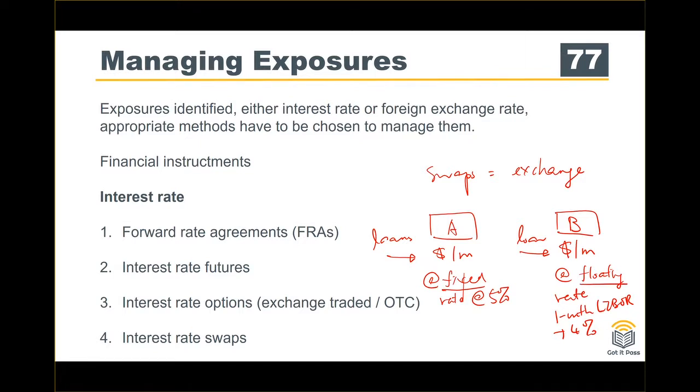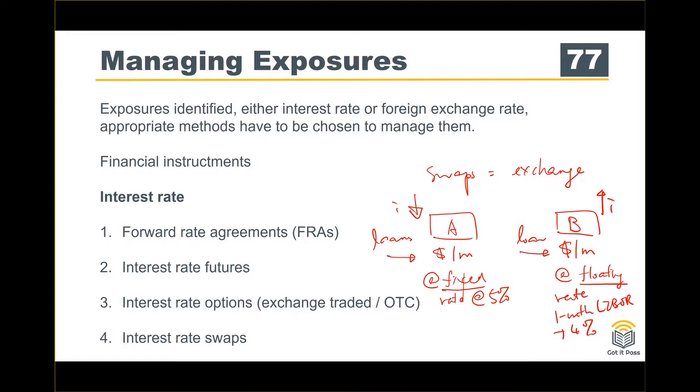But A is expecting the interest rate will fall. So the expectation from A is the interest rate will fall. But B has the opposite view of the interest rate. It considers the interest rate will go up.